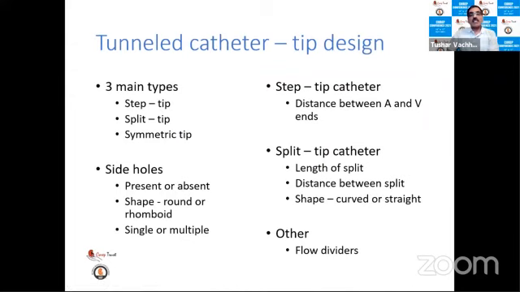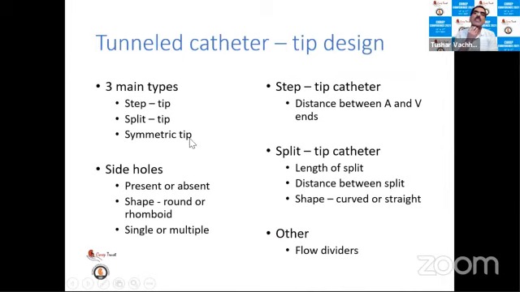The tunnel catheters come in various designs. They come in various different manufacturing products. The main thing that one has to be aware of is the type of tip, which is the step tip, split tip, or symmetric tip.